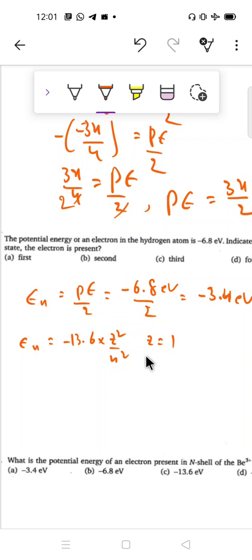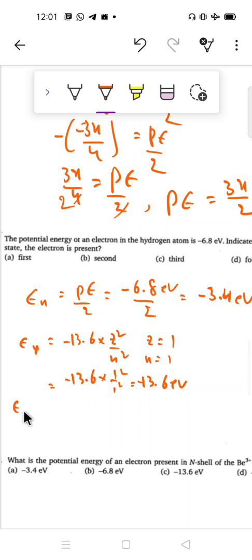For n is equal to 1, it is the ground state, so you get minus 13.6 electron volts.